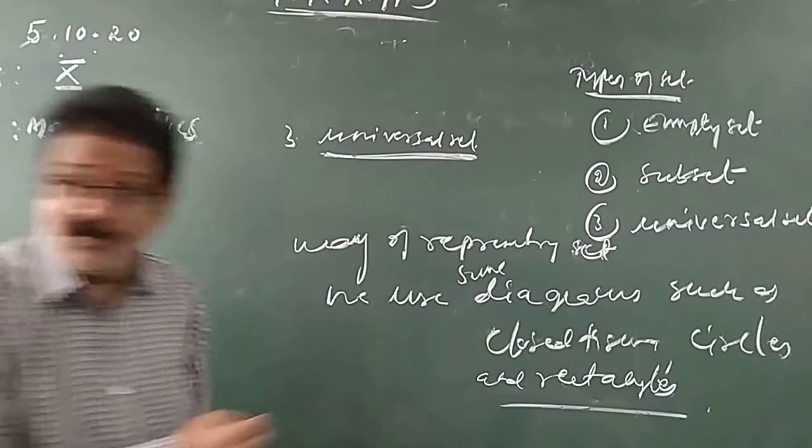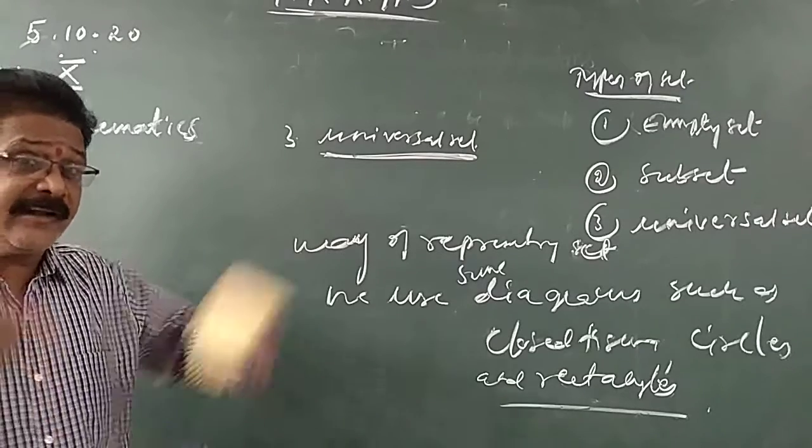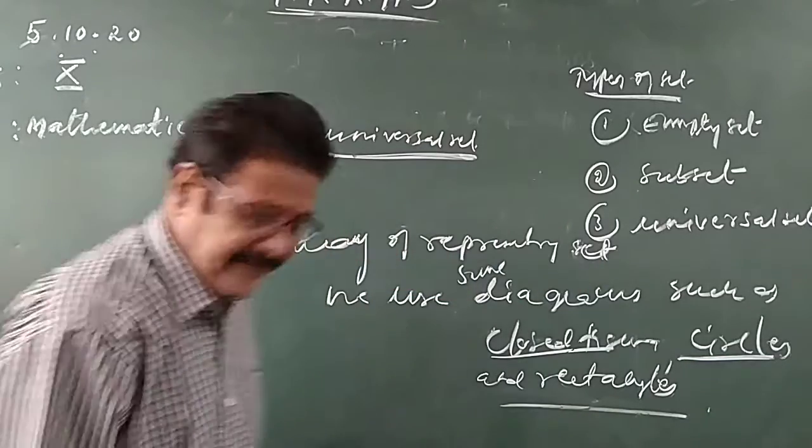Only rectangles we use to represent a universal set. To represent all other sets, we use closed figures or circles.